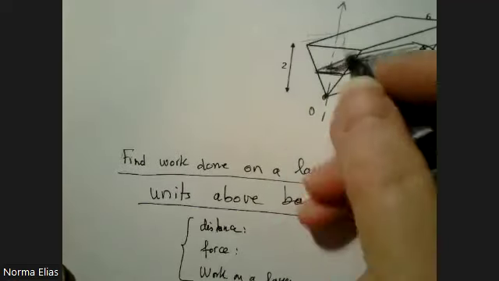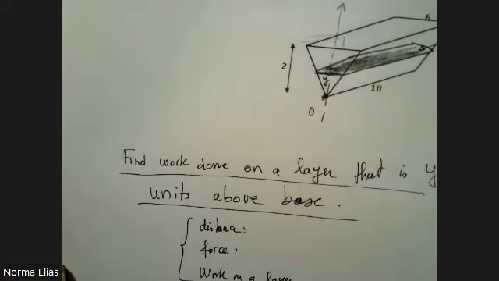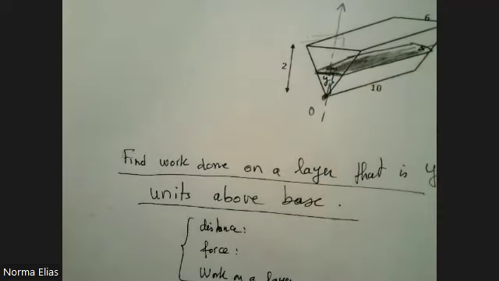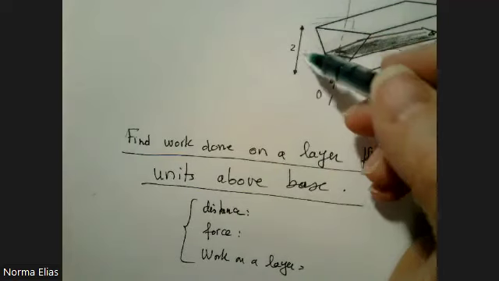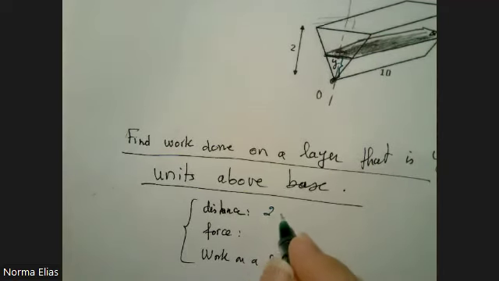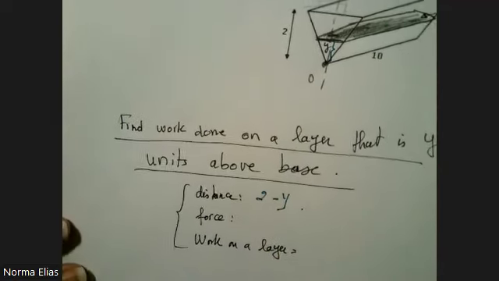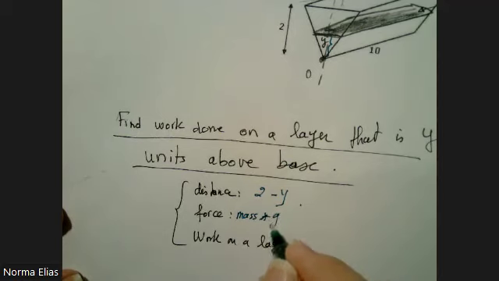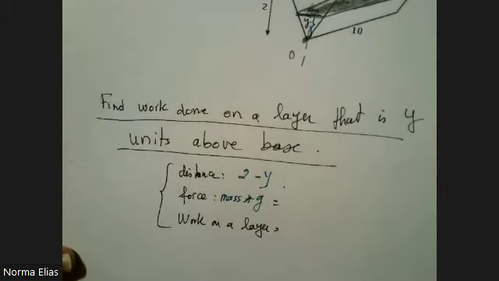Now, the layer is y units right here. This is my y from here to here. So the distance is going to be 2 minus y. That's the piece we've done several times. The force, again, is the mass times the acceleration, which we write as g for simplicity.